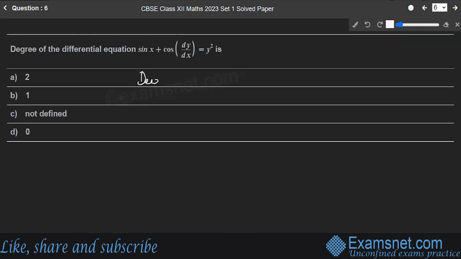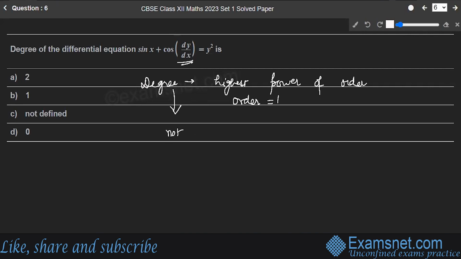What is the degree? Degree, you know one thing, it is the highest power of the order. And what is the order in this case? It's a first order equation, dy by dx. And if we talk about the degree, it is not defined because this is not a polynomial.